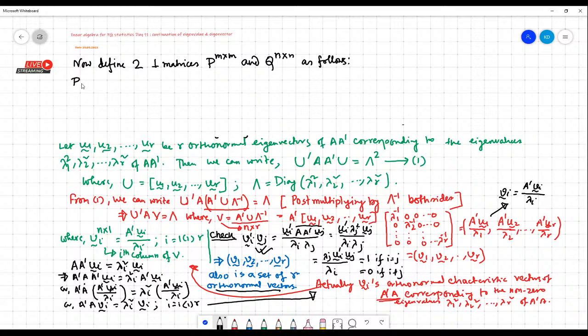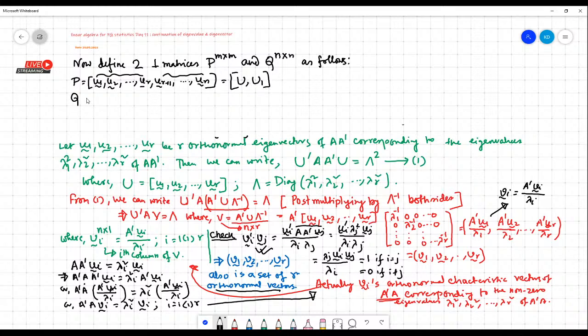P equals U1 curl, U2 curl, up to Ur curl, Ur plus 1 curl, up to Um curl. The first portion I denote by capital U matrix, and the remaining portion I denote by U1 matrix.